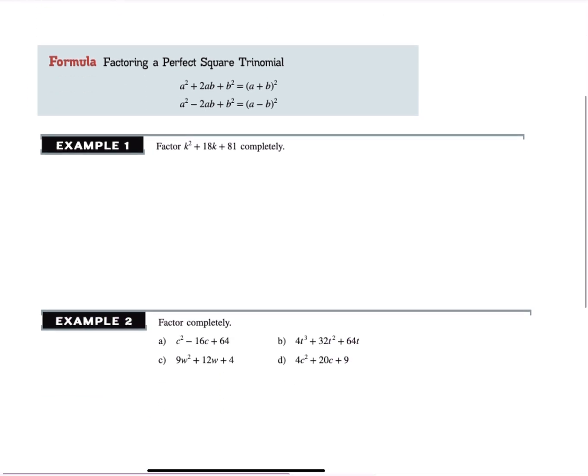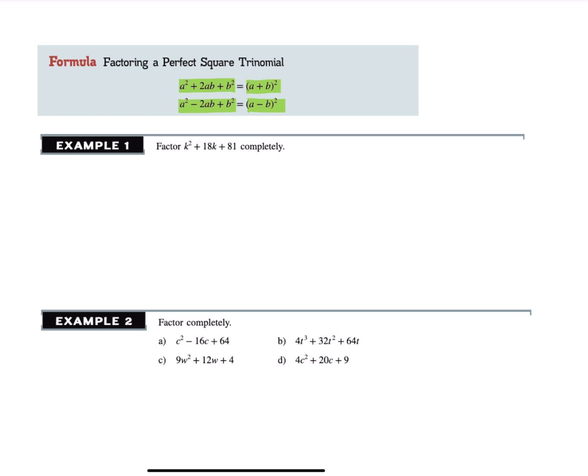So that's what they have here in our box from the textbook. They just have it flipped. So if we have something like a squared plus 2ab plus b squared, it can factor into a plus b, that whole quantity squared. And the same if we have a subtraction. So let's look at a few examples and I'll show how we can recognize that we have this particular pattern.